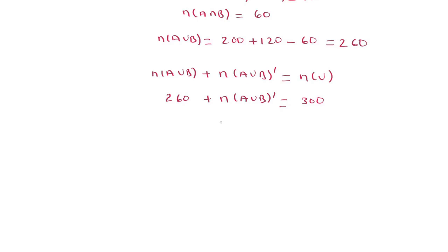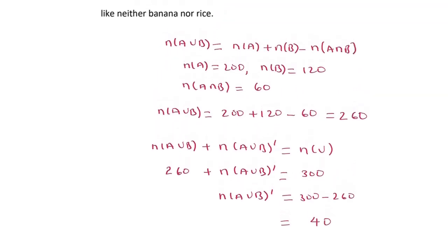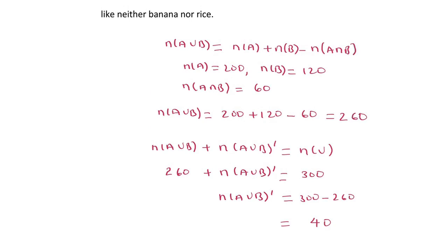Then we are having number of A union B complement equals 300 minus 260, of which after solving the values, we are having 40. So this is the number of people who like neither banana nor rice.